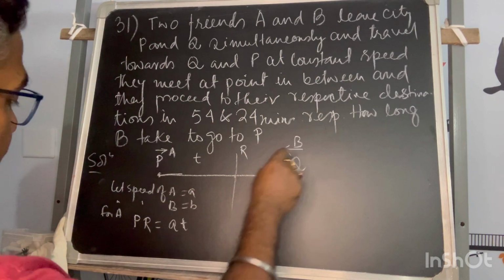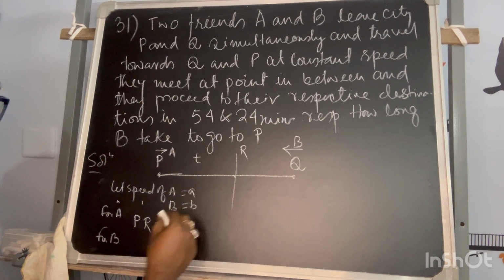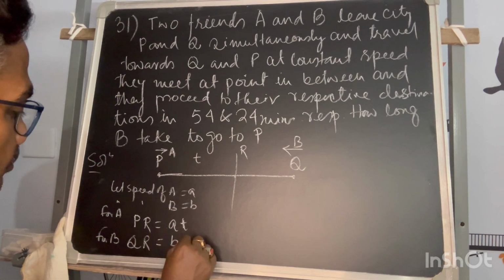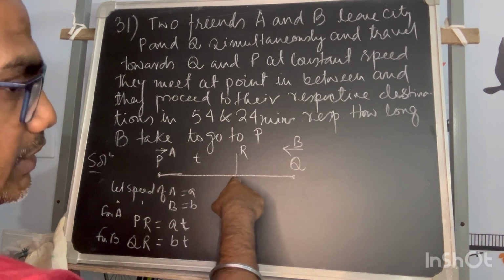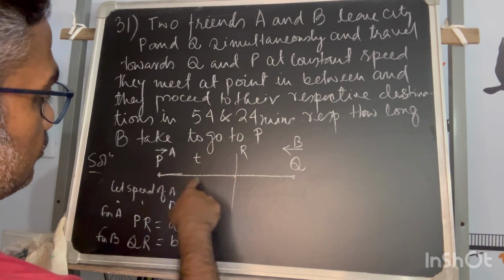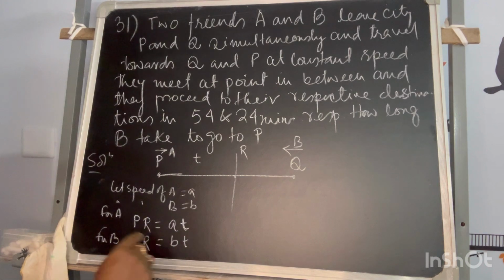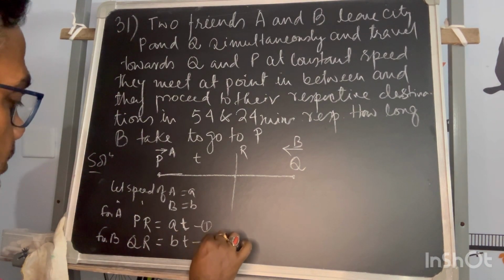And for B, QR is equal to speed of B into the time T, because as they are meeting at one point, the time taken to cover this by A and this by B will be the same. So this is your first set of equations.